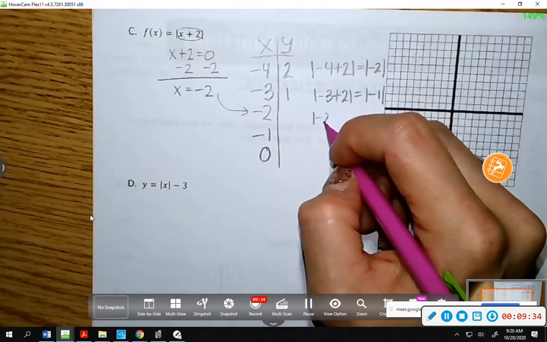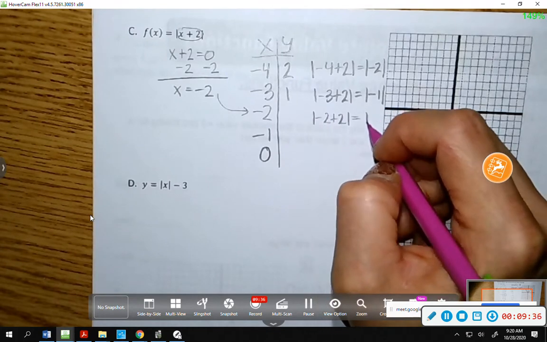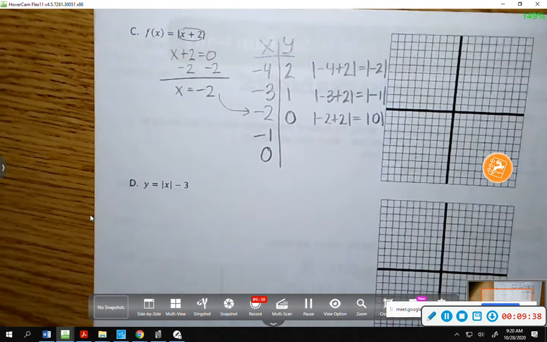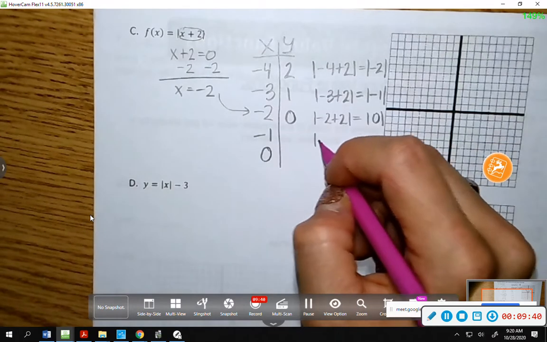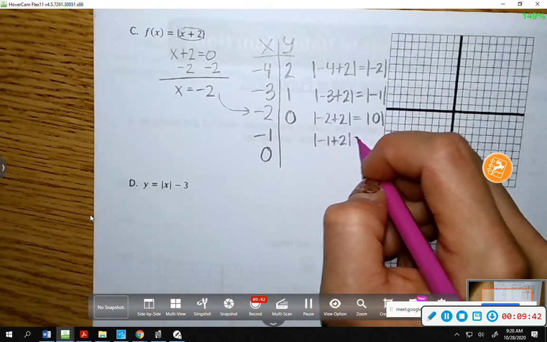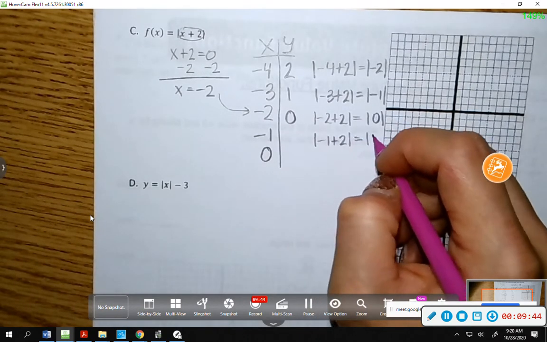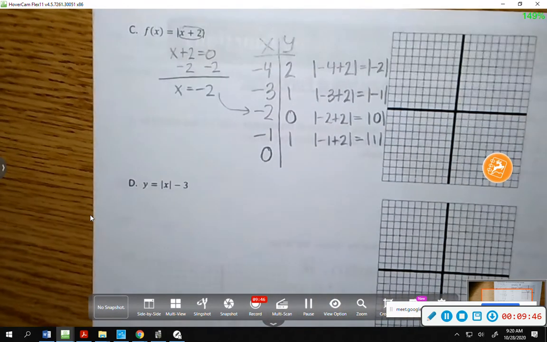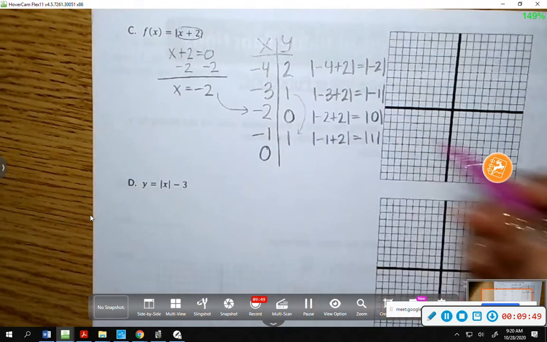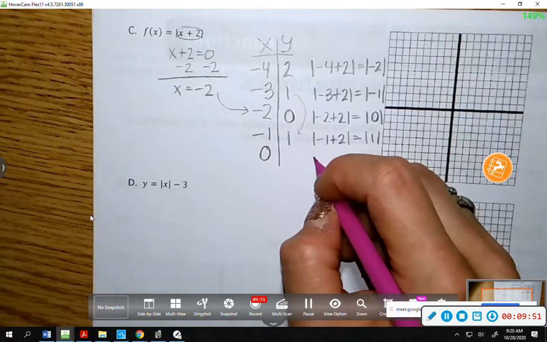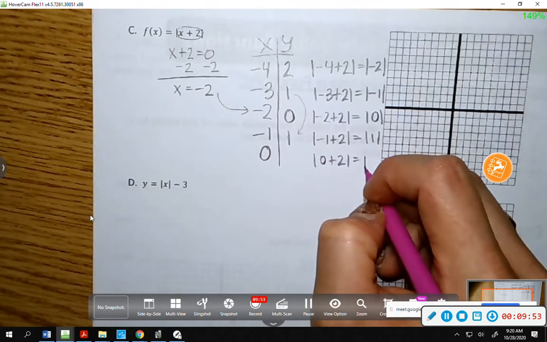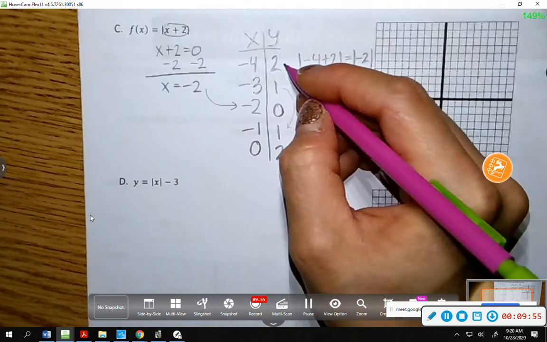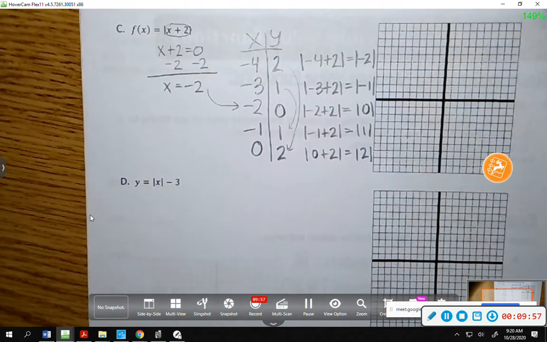All right, -2 plus 2 is 0, so the absolute value of 0 is just 0. -1 plus 2 is absolute value of 1, which is just 1. And that's good because you can see the symmetry here. And then 0 plus 2 is the absolute value of 2, and we get 2, and you can see the symmetry there, so that's a good thing.